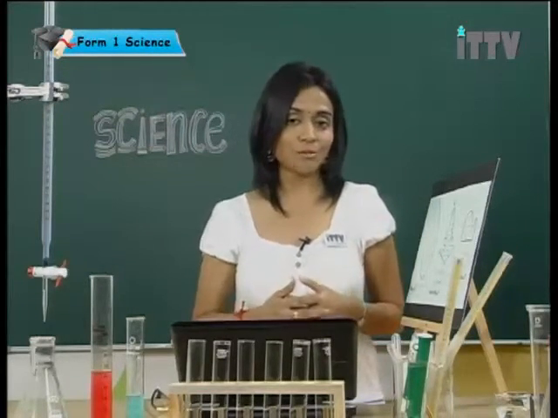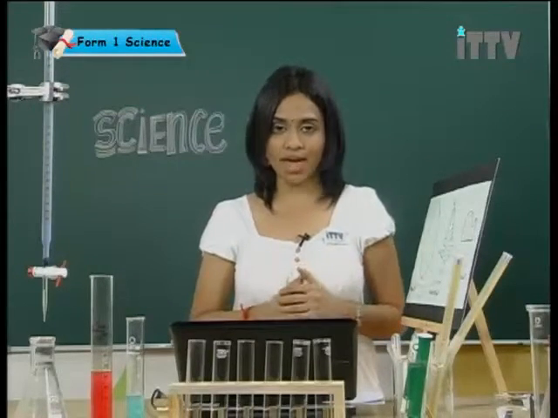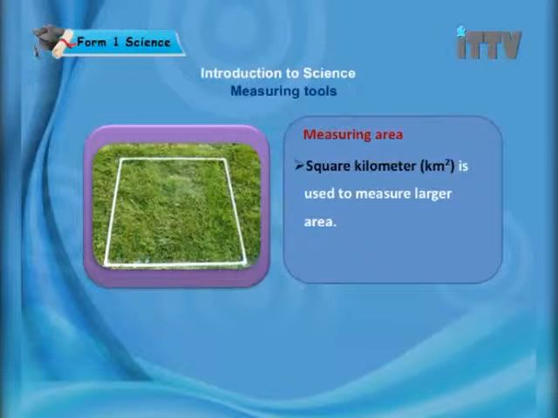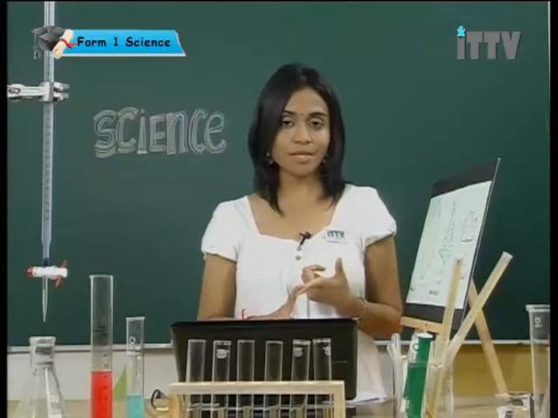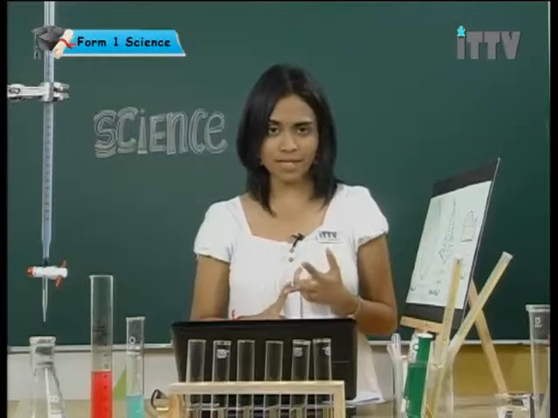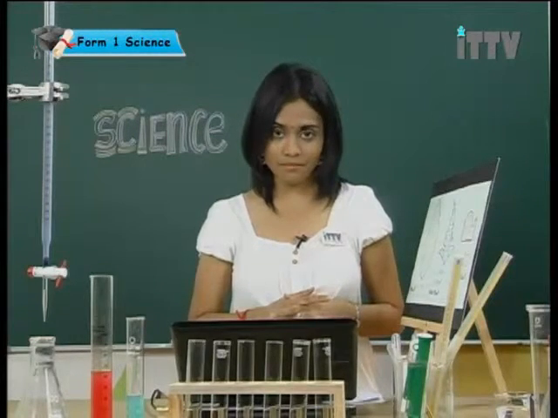So obviously, to measure a smaller area, you can use square centimeter and square millimeter. Square kilometer is used to measure larger areas. So you can use three different types of units to measure area: square millimeter, square centimeter and square kilometer. The main SI unit for measuring area is square meter.